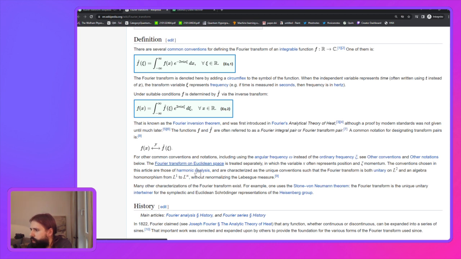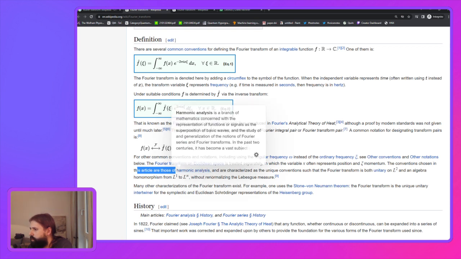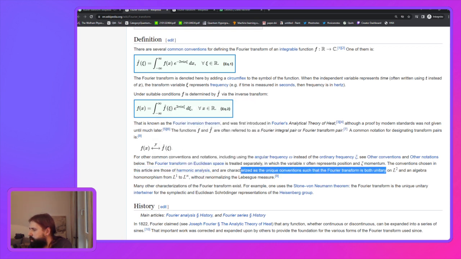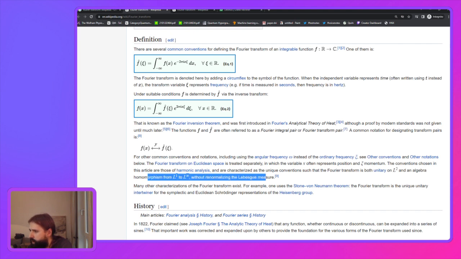The Fourier transform on Euclidean space is treated differently, with the variable x of position. So that is treated differently. Harmonic analysis. I will never know what these things are.